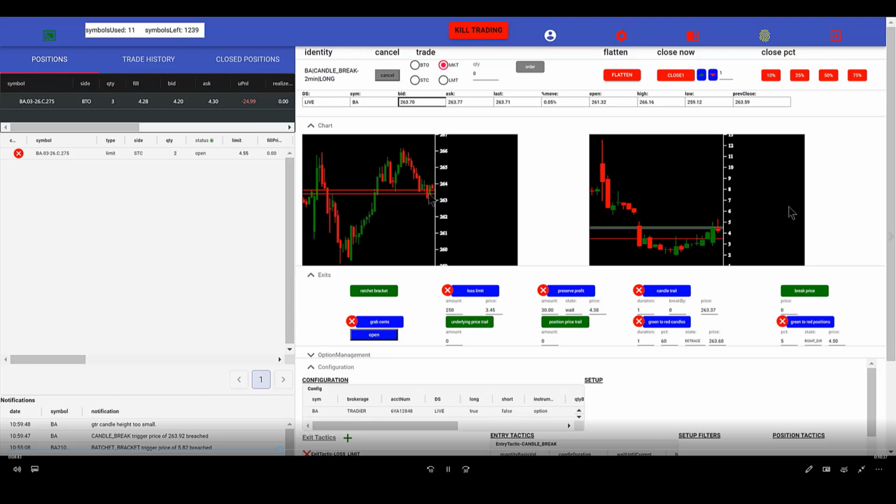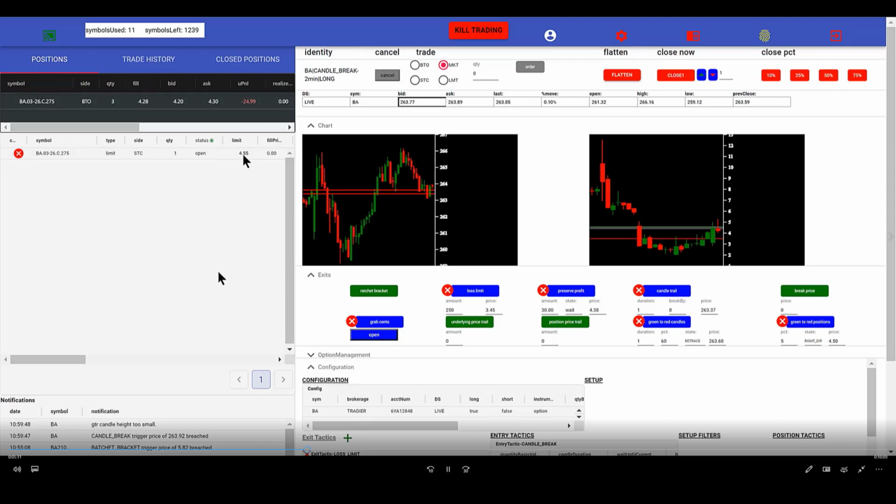These lines represent orders, and some of them are based on the price of the underlying on Boeing itself, and some are based on those targets. All of these different tactics translate into orders that are horizontal lines. So right now we have a quantity 2, that's our 50%.